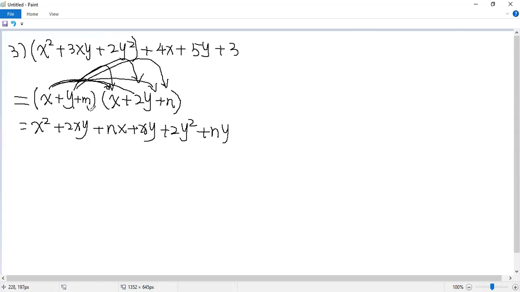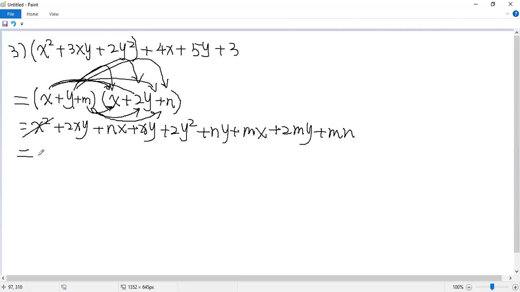Finally, m times x, mx, m times 2y, 2my, m times n, mn. Now we collect like terms.